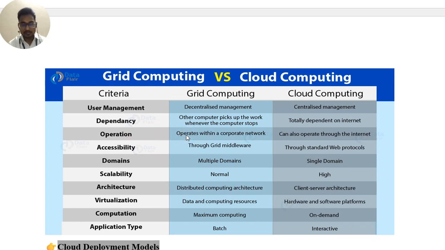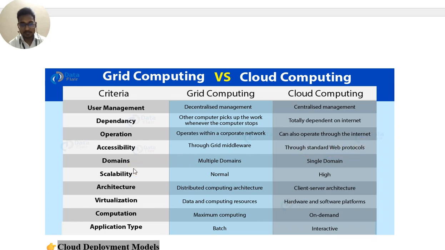Operations: grid computing operates within a corporate network, while cloud computing can also operate through the internet, across corporate and business networks. Accessibility: through a grid and through standard protocols.